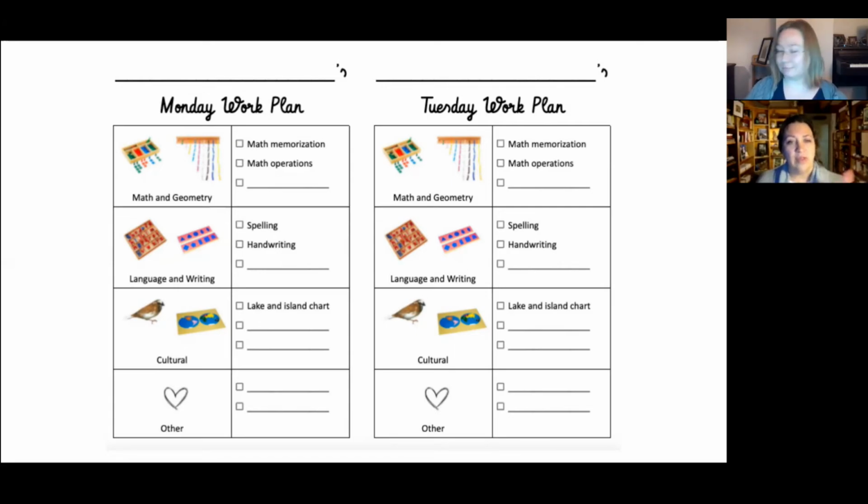And then there are also spaces for them to add their choice work in each of the areas of the classroom. So this is one that some of the first graders use, the ones who are more independent with their planning or are stronger readers and writers and can work with a plan like this.